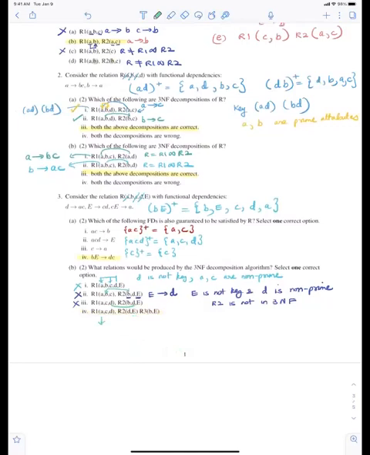So from R1, we are getting that D goes to AC. So we have D goes to AC. So you have A, C, and D out here. And is there any other key in here? So we have C goes to A, E goes to CD. So there's nothing else. So R1 is in third normal form.